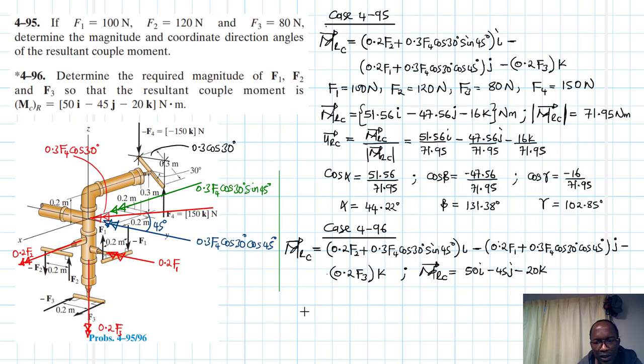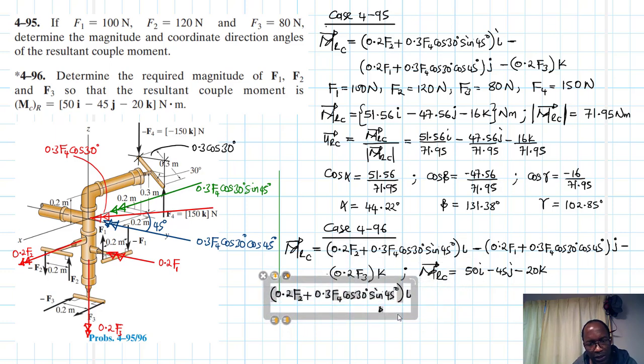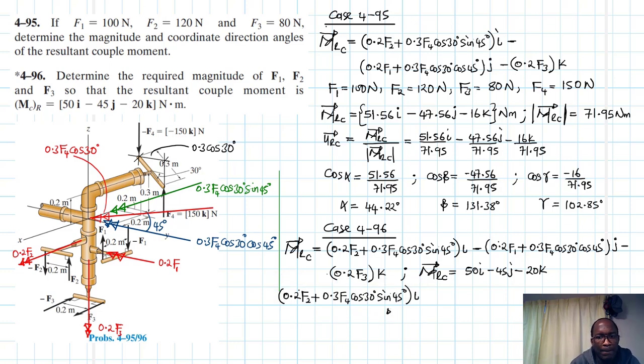So we are going to have three equations since we have three unknowns. So we have 0.2 F2 plus, I think I can copy this so that I don't spend so much time writing what I already have. Let me copy that and bring it here.